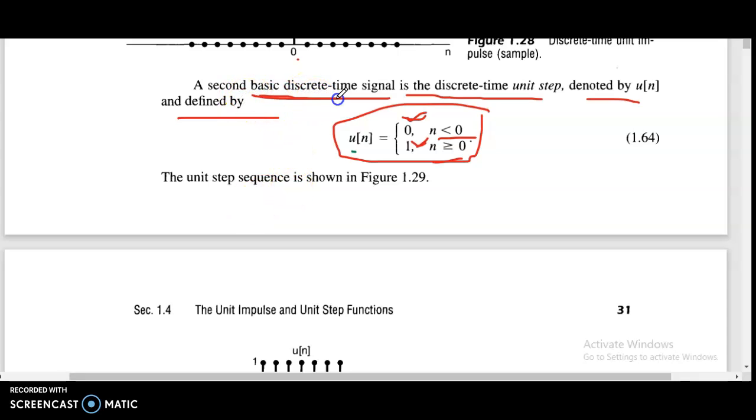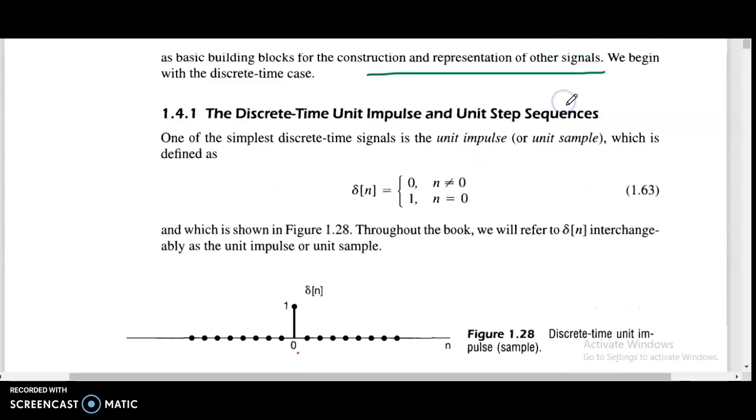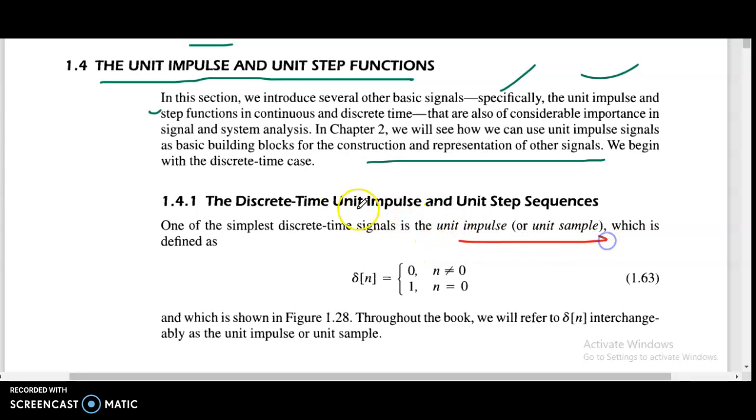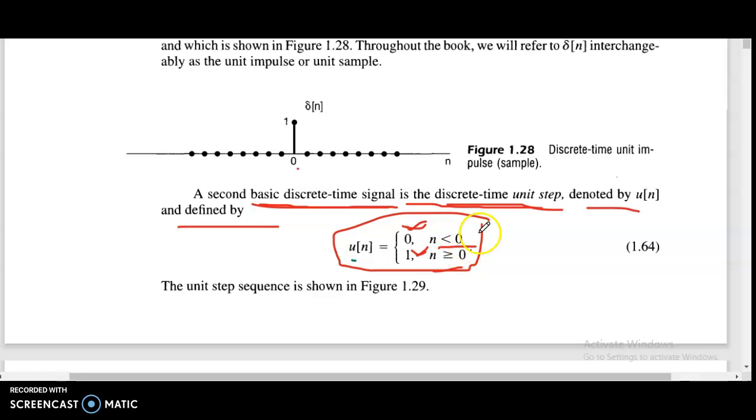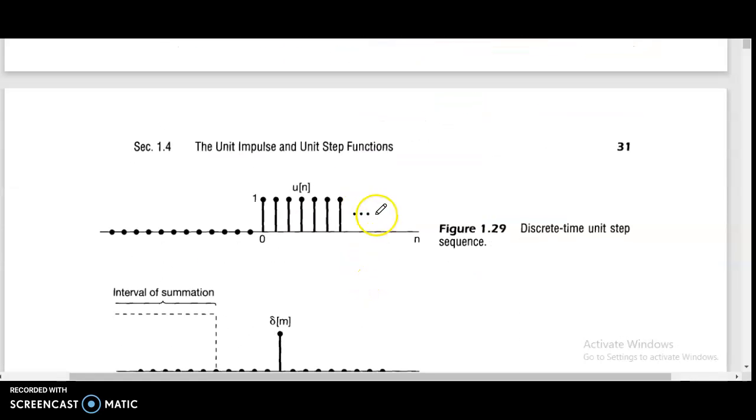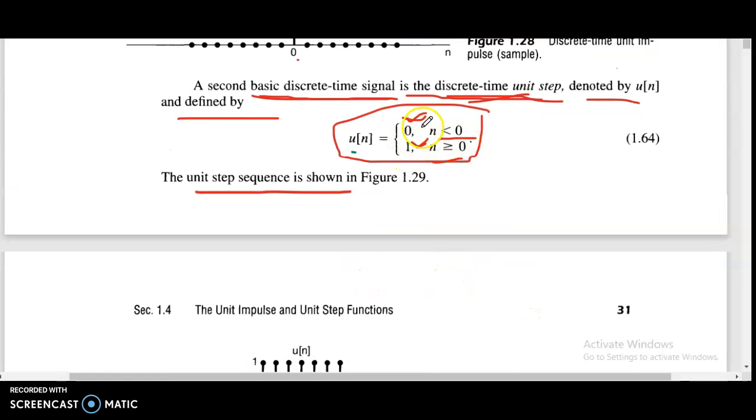The unit step sequence is a second basic discrete time signal. First we have seen the unit impulse or sample. Here is the unit step. The unit step sequence is shown in figure 1.29. Here the condition is u of n equal to 0 when n is less than 0.